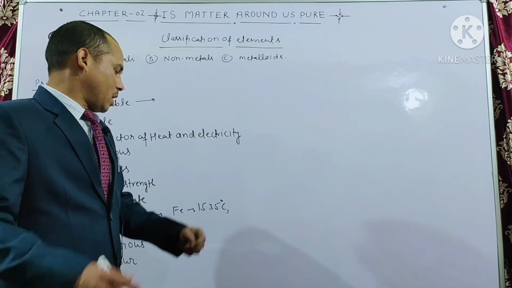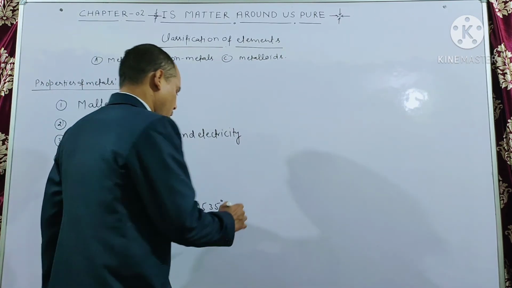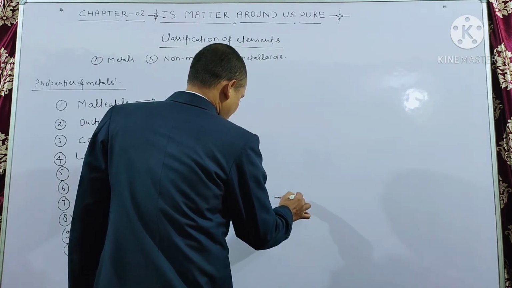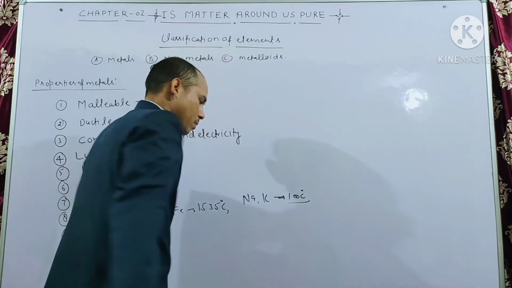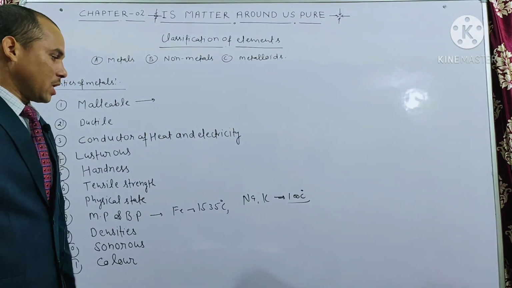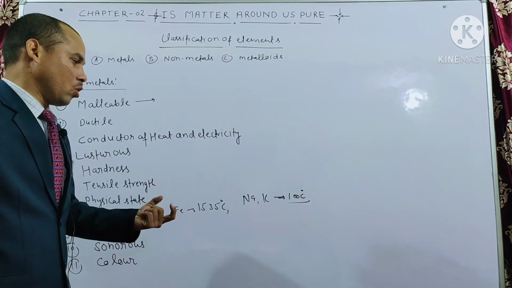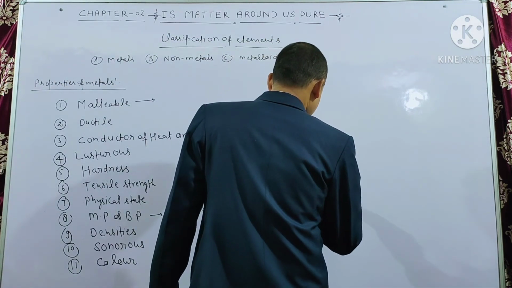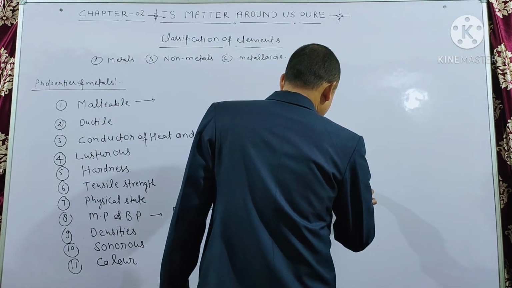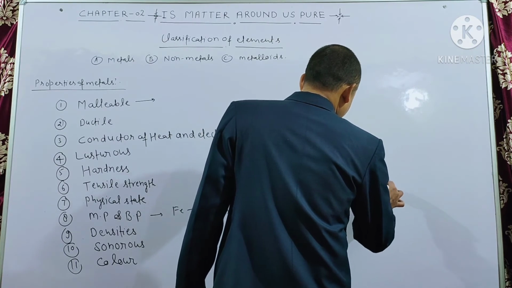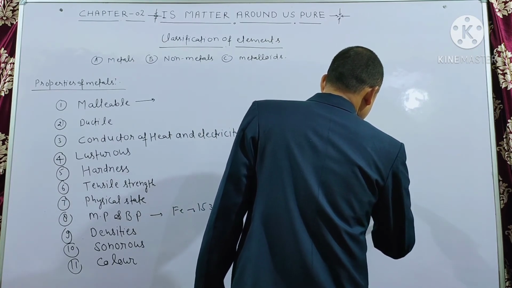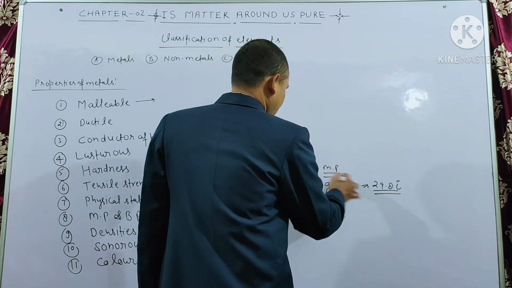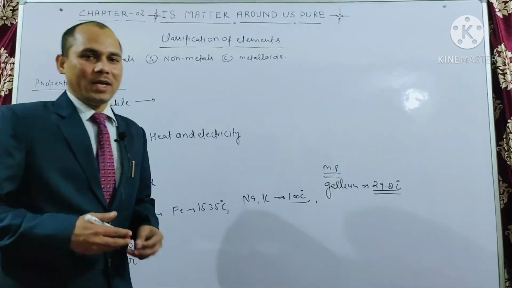There are also some metals like sodium and potassium, which have only about 100 degrees Celsius melting point. Some metals also have very low melting points, like gallium. You know gallium. Gallium is a metal. Its melting point is only 29.8 degrees Celsius.